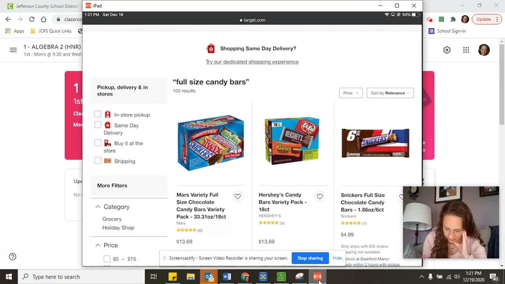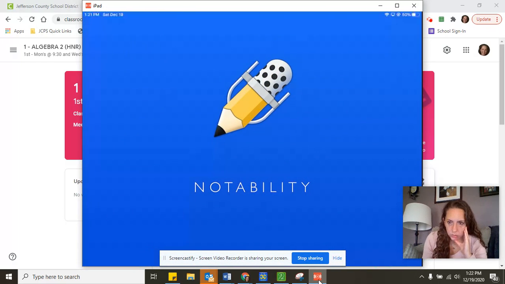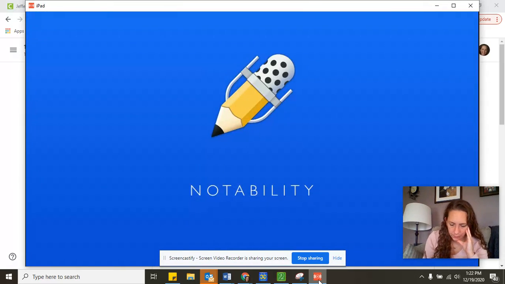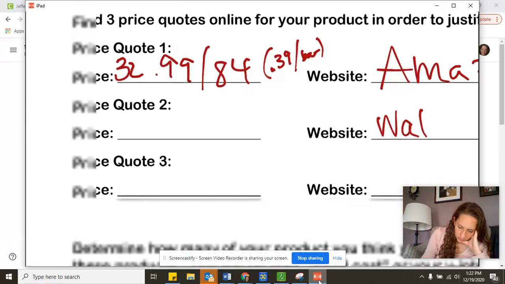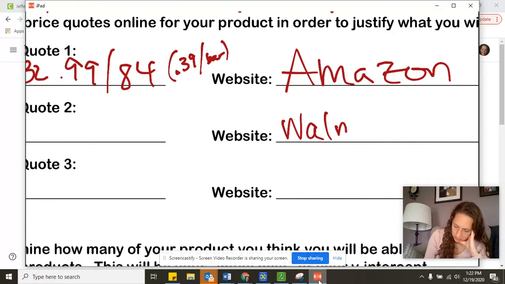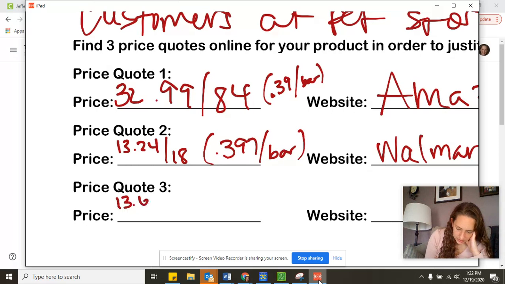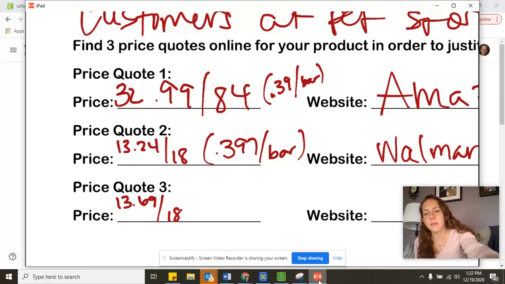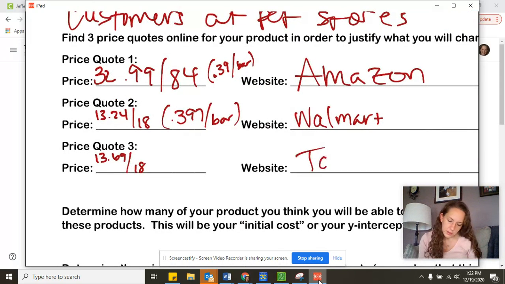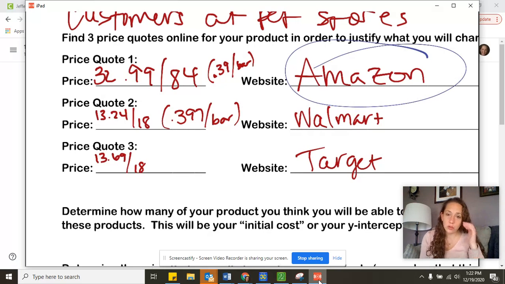So they have 18 for $13.69, which obviously is going to be a little bit more than Walmart. That was at Target. So I'm going to choose Amazon, which means I will be spending 39 cents per bar.